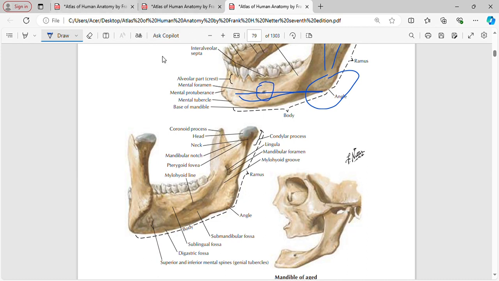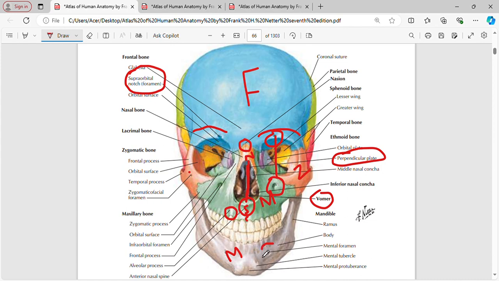I'll show you in the frontal view as well. But this mandibular foramen here is going to lead all the way from the medial part of the mandible. This interior part is called the medial part, and the external part is basically here. So the medial part here is going to contain the mandibular foramen. The mandibular foramen is going to lead all the way through the bone to the exterior, the mental foramen, and here is the presence of the mental foramen, right?